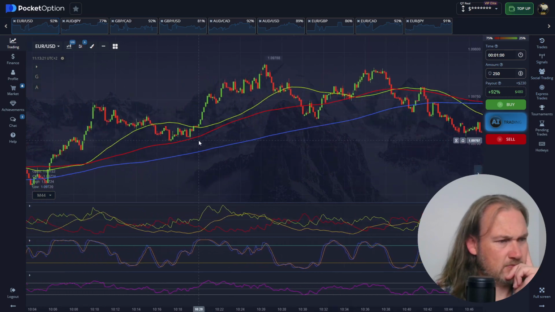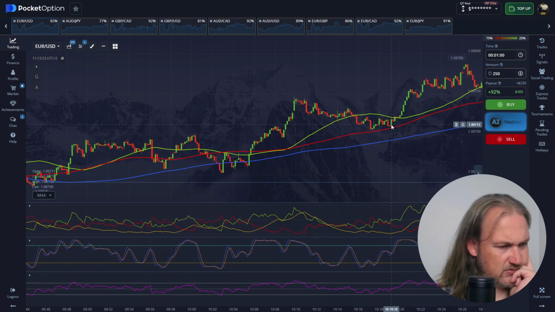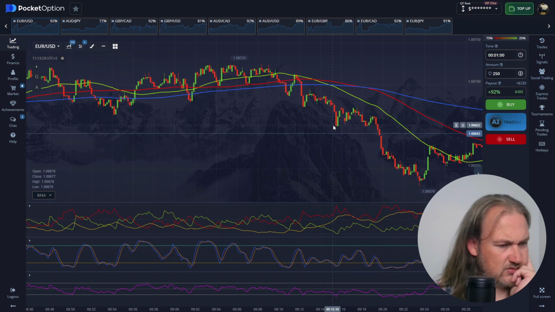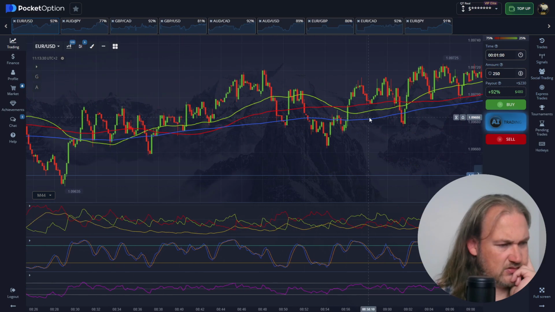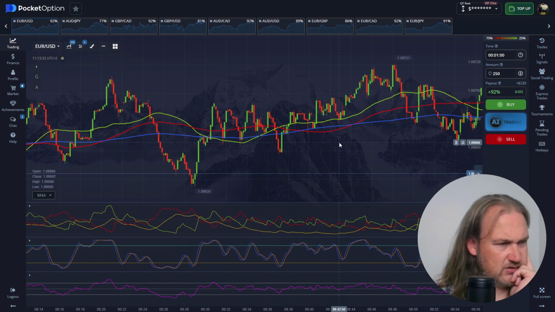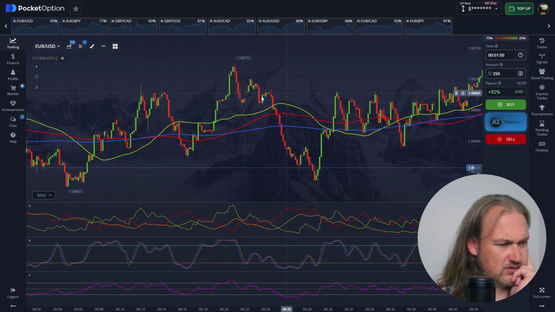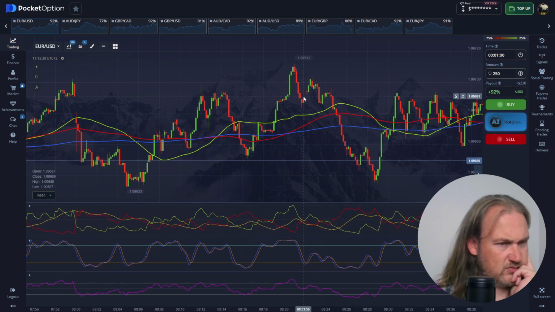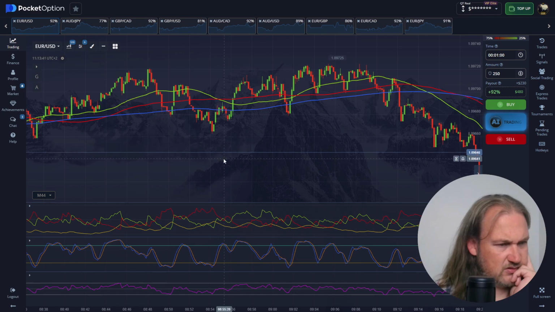There was an example earlier, a trade that I took. If I remember correctly, it was a buy trade. Wasn't that time? It was 9.